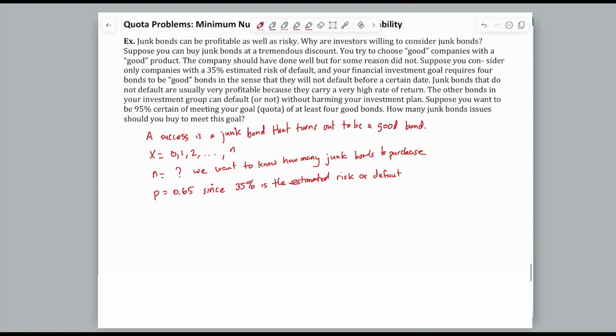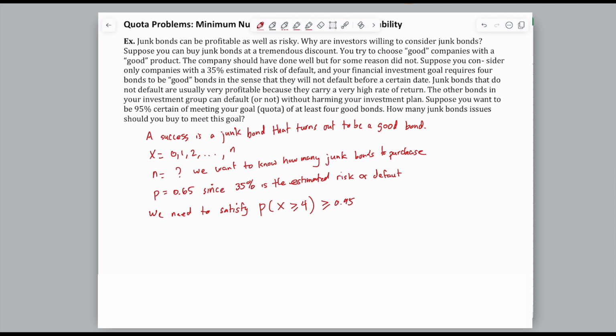Okay, so what do we need to do to meet our quota? To meet our quota, we need to satisfy P(X ≥ 4) ≥ 0.95.